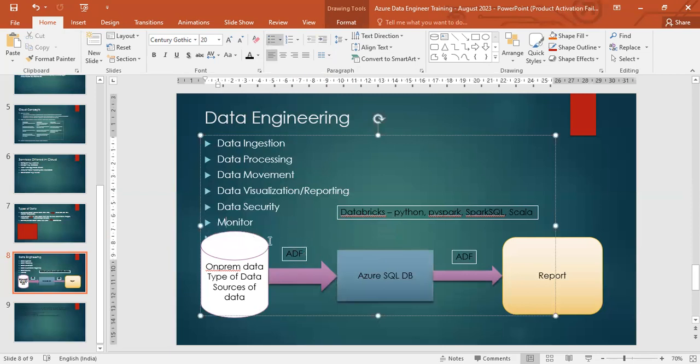And then the monitoring part of it: you need to monitor these pipelines on a regular basis, how the data movement is happening. If anything is failing within the pipeline in production, you need to monitor those things. You can create an alert. That is another feature you have within the cloud, to set up an alert so that it will trigger an email if a pipeline is failing.